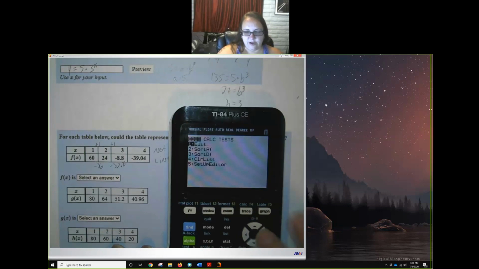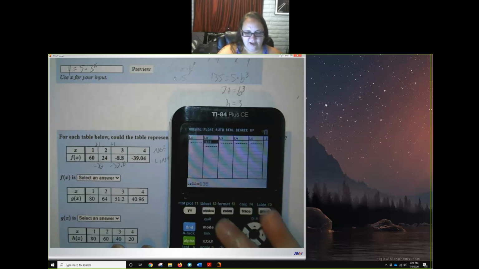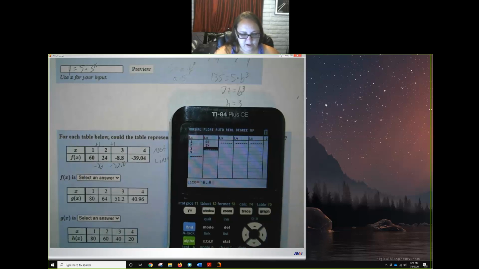So I would always just go stat, edit. So here you're just looking for an R value of 1. 1, 2, 3, 4, 60, 24, negative 8.8, negative 39.04.